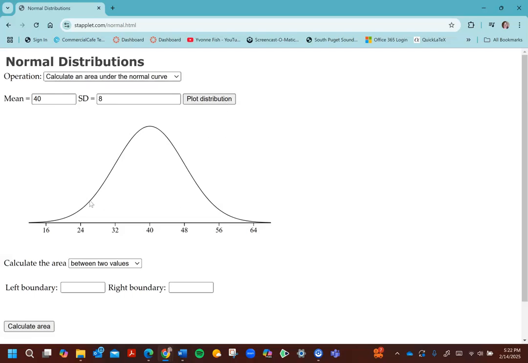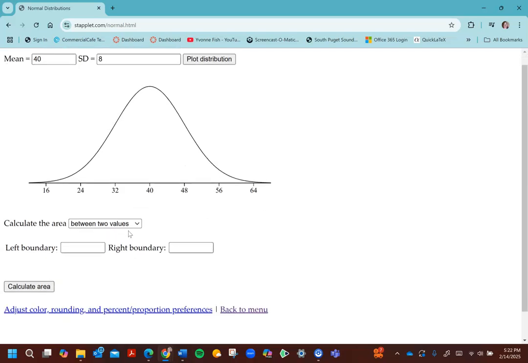Click the plot distribution is already there. And instead of between two values, we want to know to the left of a value. And we're going to put the value in. It will give us the probability, but it'll also give us the z-score. Right there, z equals -2. So that's really nice. And we get the area as well.